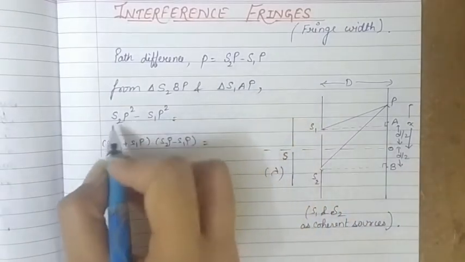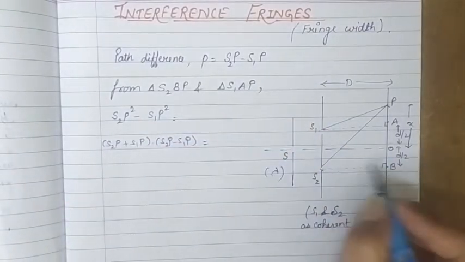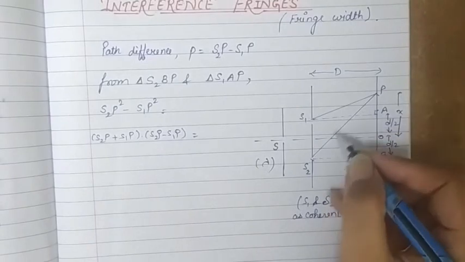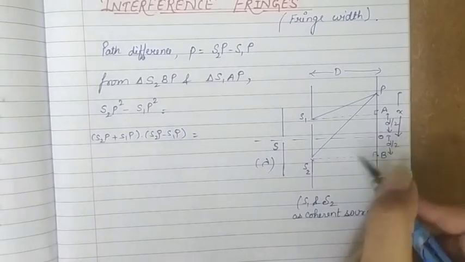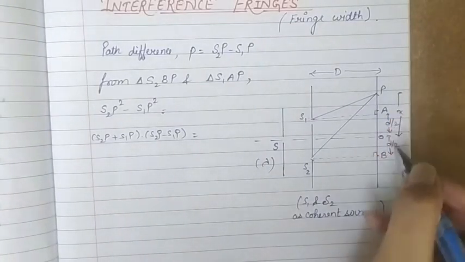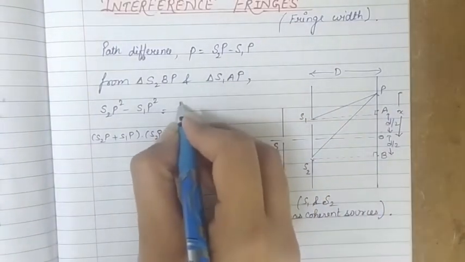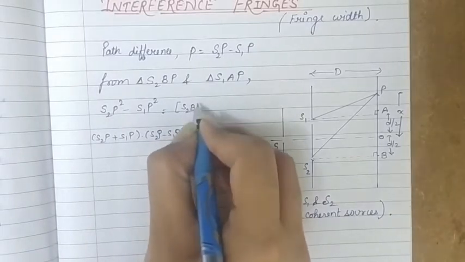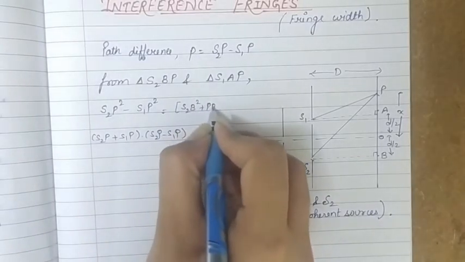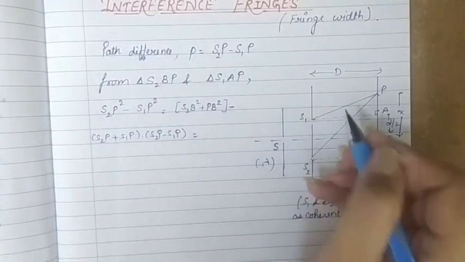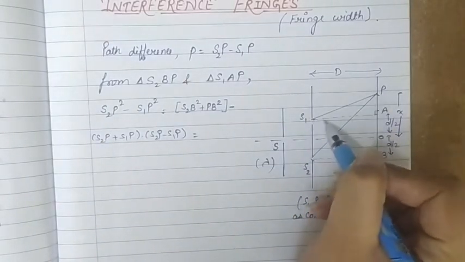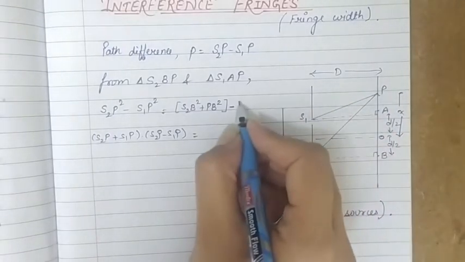Now for the right hand side, the value of S2P square can be found from this triangle. So S2P square will be equal to S2B square plus PB square. This is the first value, minus, for S1P square we have the value S1A square plus PA square.